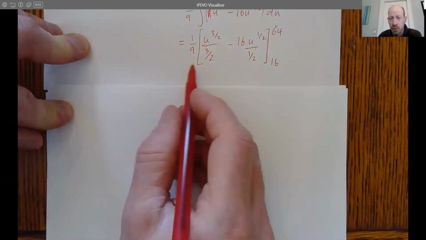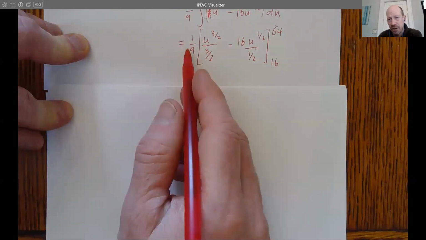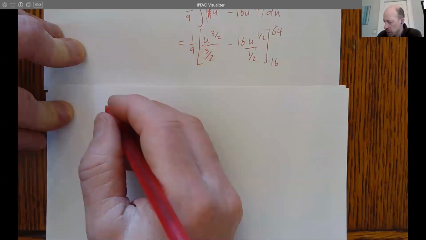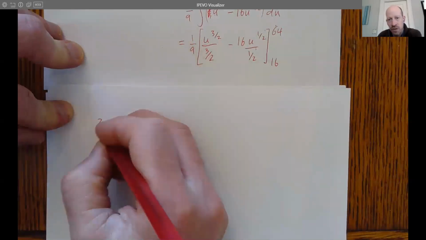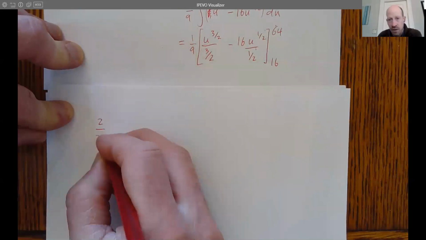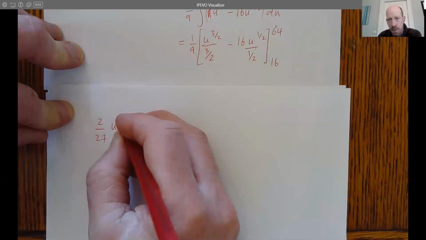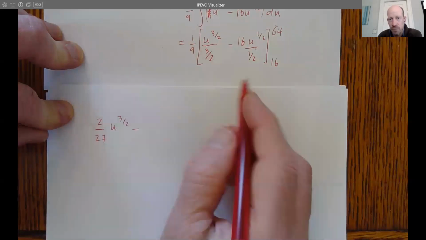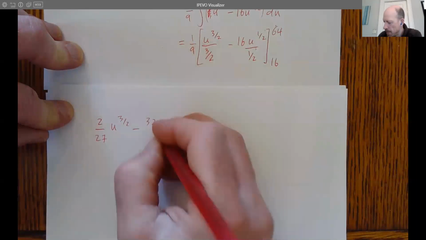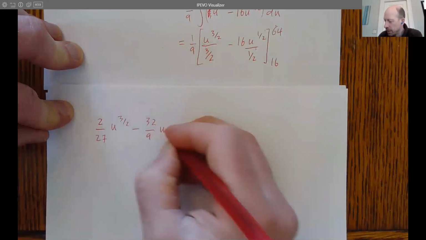When you're dividing, I would probably go ahead and distribute the 1/9, but you could save that to the end too. If you distribute it, this is going to be the reciprocal, so I get 2/27 times u to the 3/2 minus, that's going to be 32 over 9 u to the 1/2.